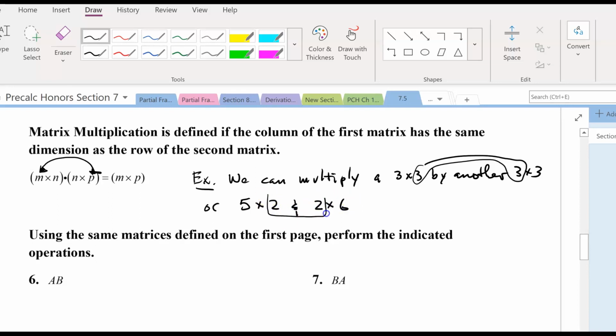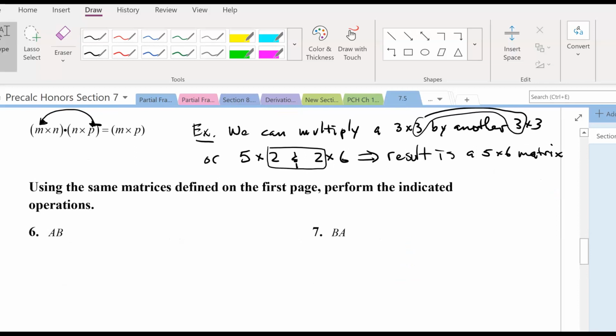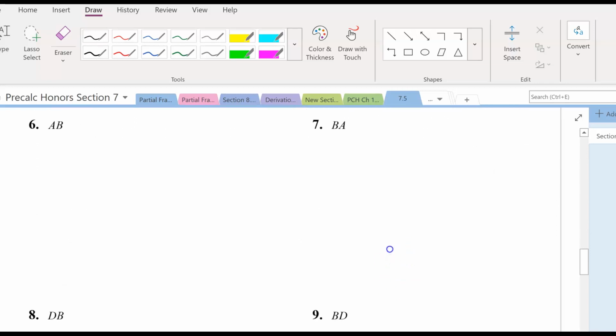Since these middle numbers match, we can multiply this, and the result is a 5 by 6 matrix. All right, so let's see how this works. This is tricky, and there are a lot of places to make mistakes, so be careful when you're doing these.